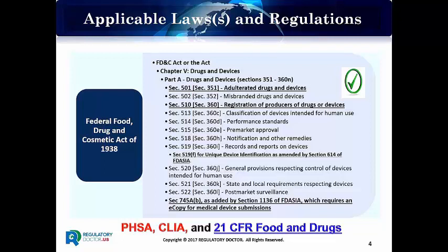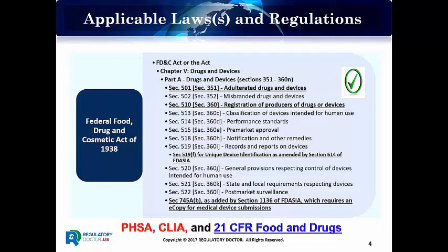The section numbers I show outside the brackets are FD&C Act sections, and the numbers inside the brackets are the corresponding sections under Title 21 United States Code. For example, FD&C Act Section 510 corresponds to Title 21 United States Code, USC Section 360.